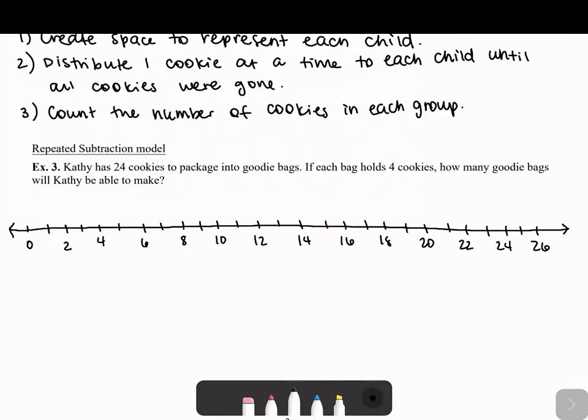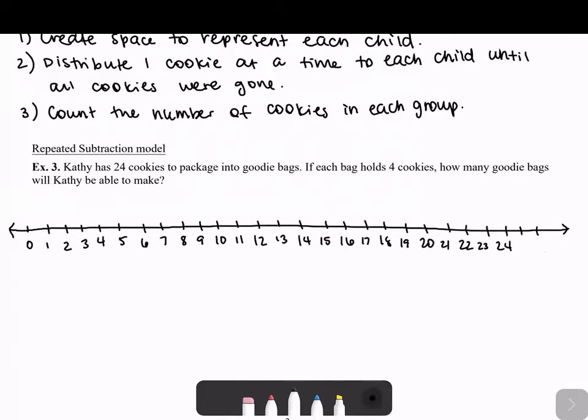Okay, so, well, I guess I'll go ahead and fill them all in. Okay, so I went back, filled everything in.